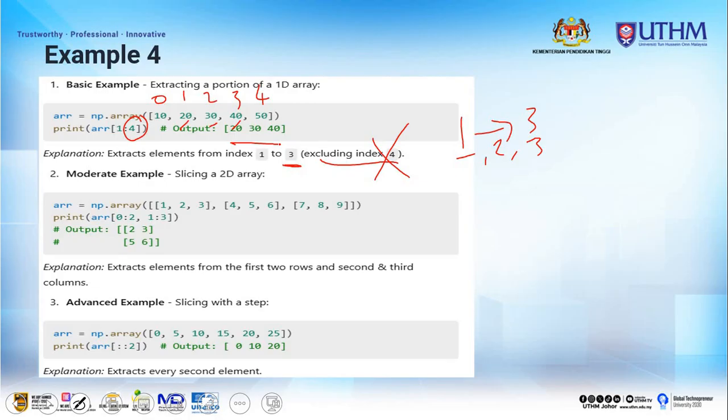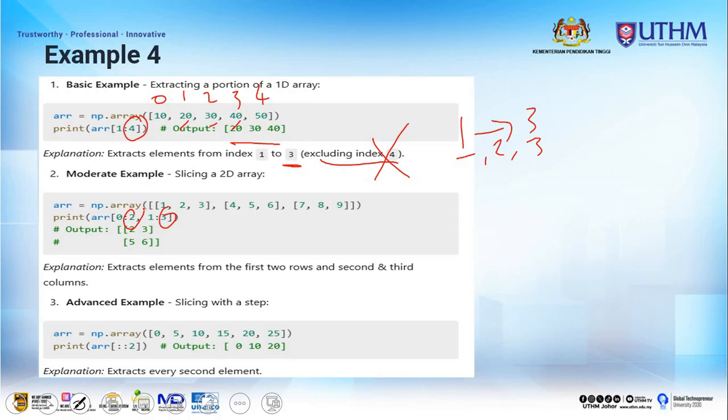The row slice starts from index 0 and finishes at 2, which means it only counts up to 1. The column slice starts at 1 and stops at 3, so it counts only 1, 2. So 3 is excluded, 2 is excluded.